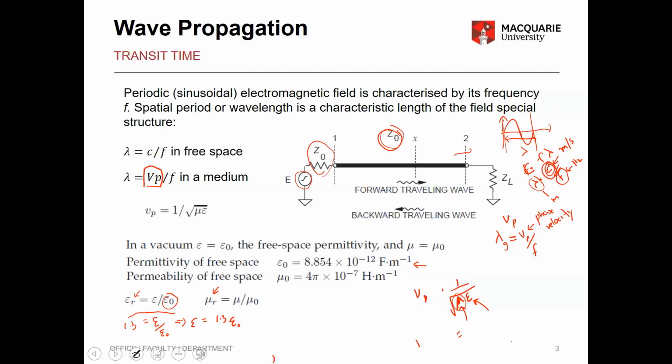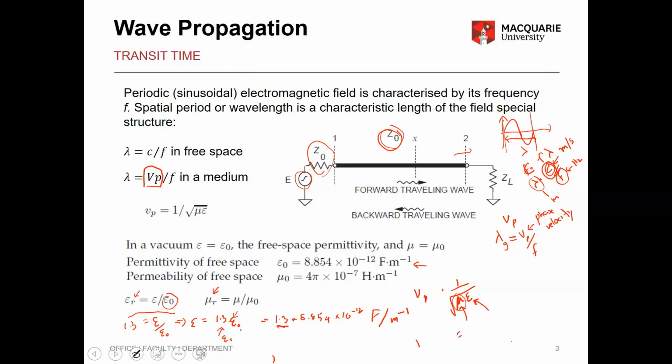So we only need to know the free space permittivity and the relative permittivity, epsilon r, and then we can derive the permittivity of that medium. In this case, it becomes 1.3 times 8.854 times 10 to the power minus 12. The units remain the same because the relative value doesn't have any other units.